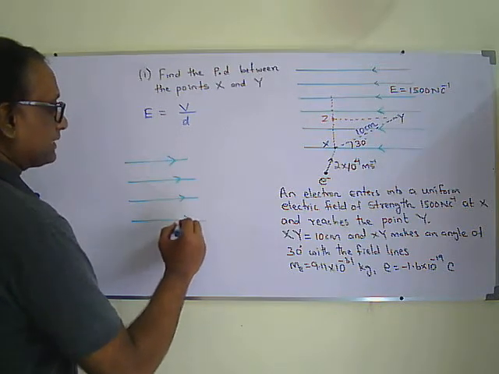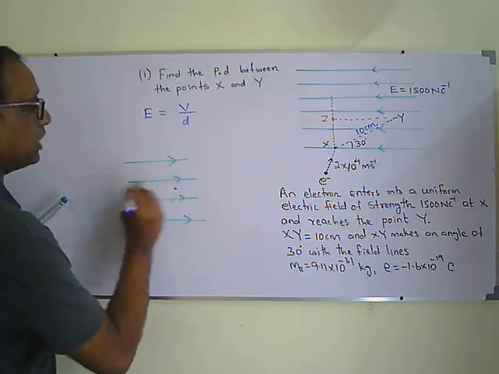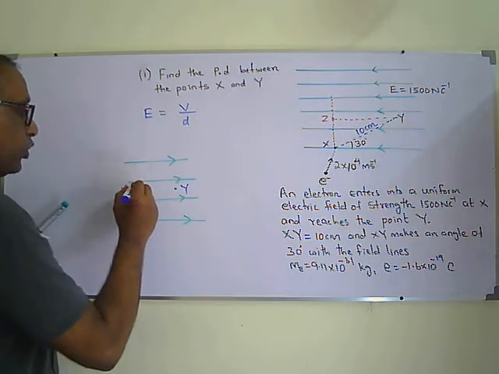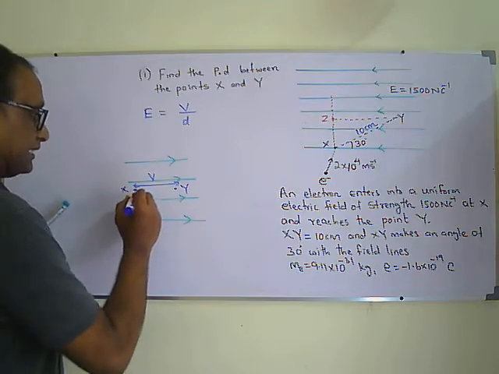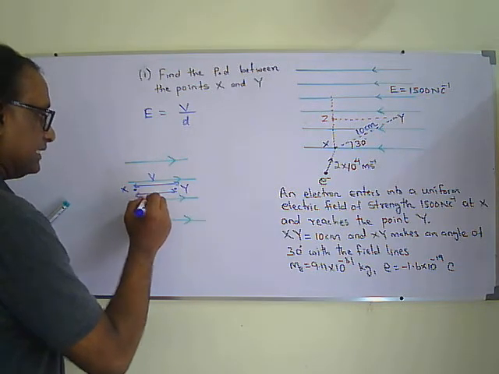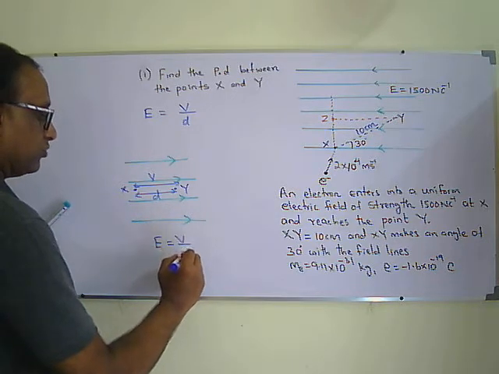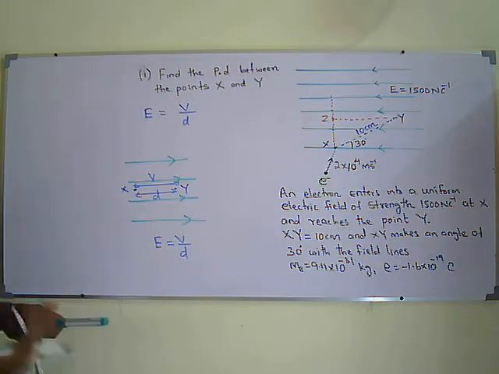In a uniform electric field, if I know two points along the direction of the field, and I know the potential difference between those two points is V and the distance between them is D, then the electric field strength is given by E = V/D, where V is the potential difference in terms of magnitude.